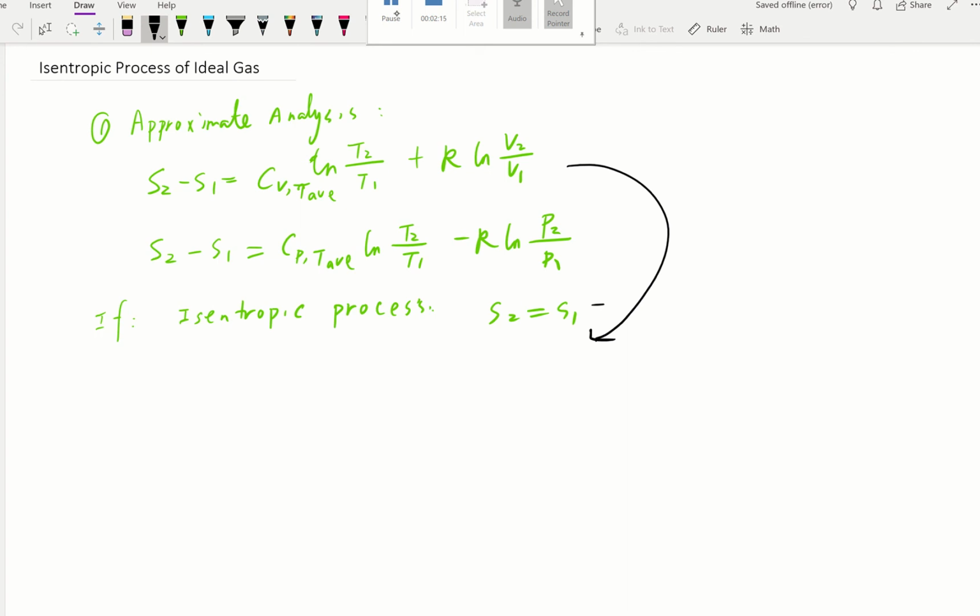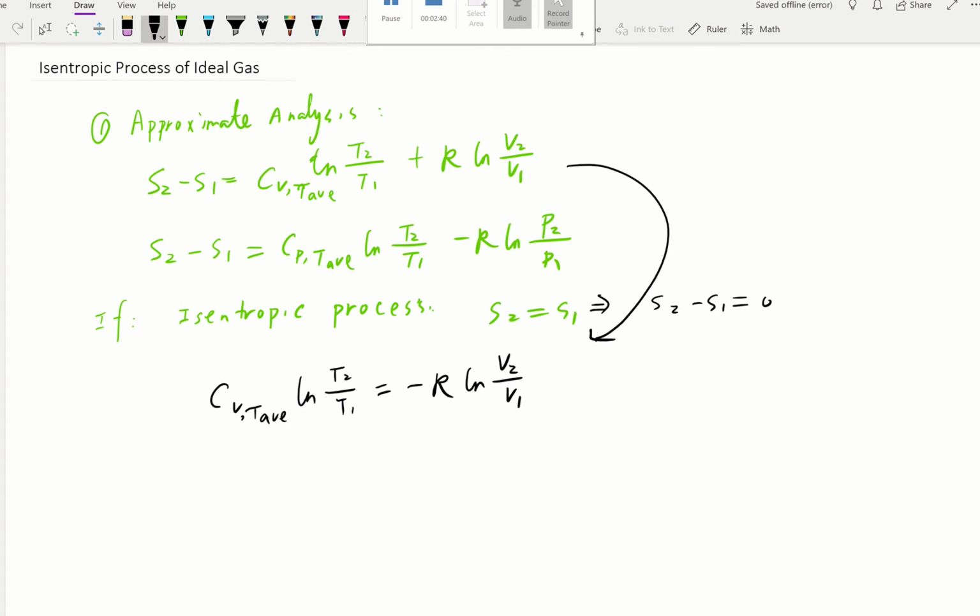So in other words, S2 minus S1 equals 0. Knowing that, we'll have this equation, Cv at this average temperature natural log T2 over T1 is going to be equal to negative R natural log V2 over V1.